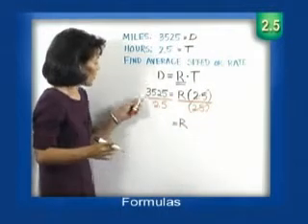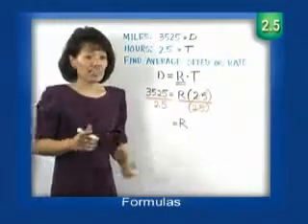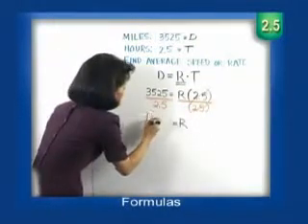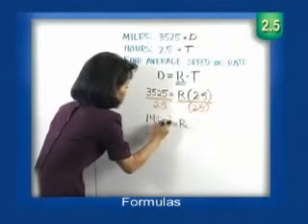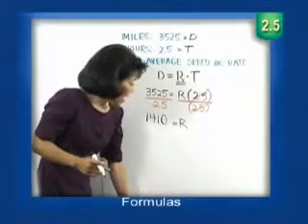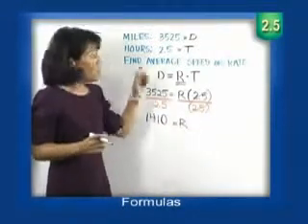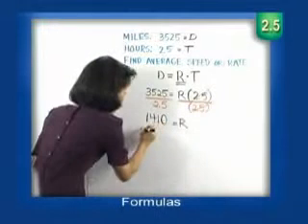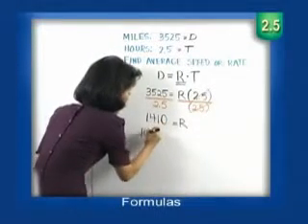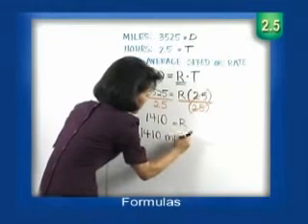On the left-hand side, we have 3,525 divided by 2.5, and that's equal to 1,410. Now, what does that represent? That is telling us that the rate of travel, or the speed of the Concorde in this case, is 1,410 miles per hour.